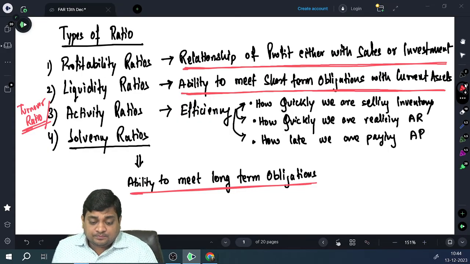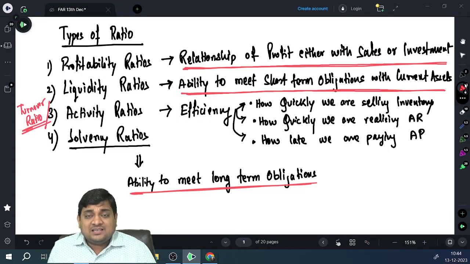Then liquidity ratios, basically short term payments, whether you're able to meet your short term payments or not. Activity ratios, basically to test the efficiency: how quickly we are selling inventory, how quickly we are realizing accounts receivable, and how late we are paying accounts payable.